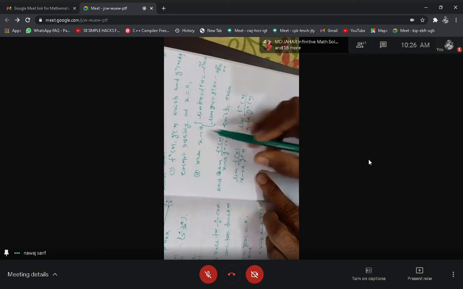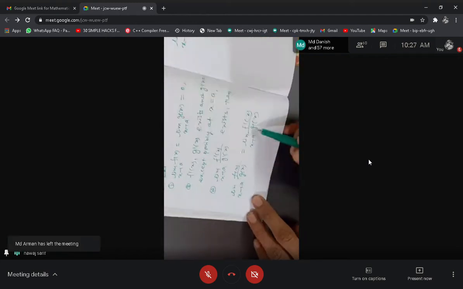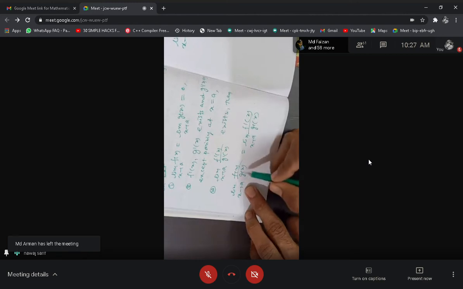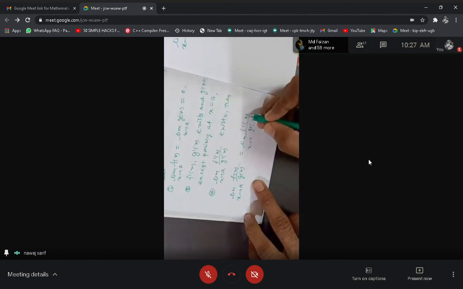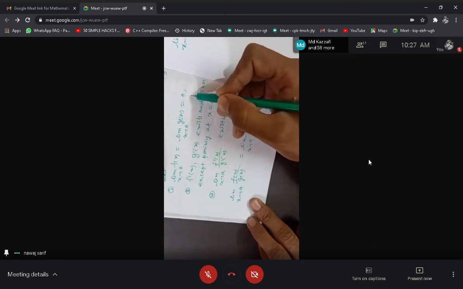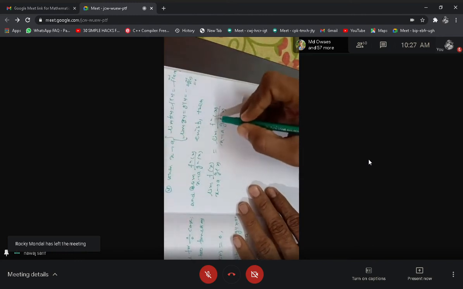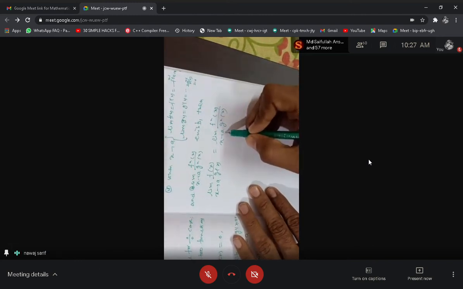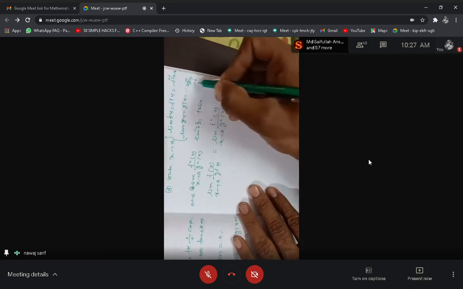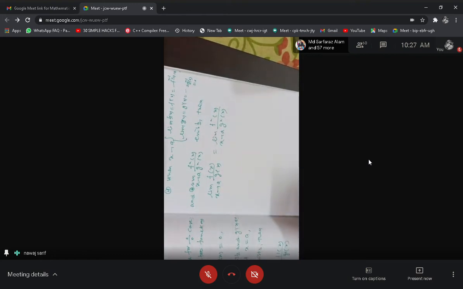When you try to find limit x tends to a fx upon gx, then this must be limit x tends to f dash x and g dash x, and in that case the limit of fx and gx are both 0. Now you are applying L'Hospital rule nth time, and your nth derivative is non-zero at this point. So the n minus 1th derivative must be 0 in gx and fx, then you apply nth derivative. Understand? Yes, sir.